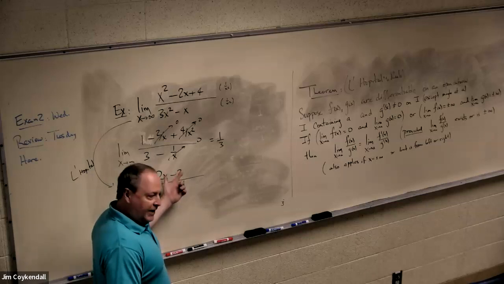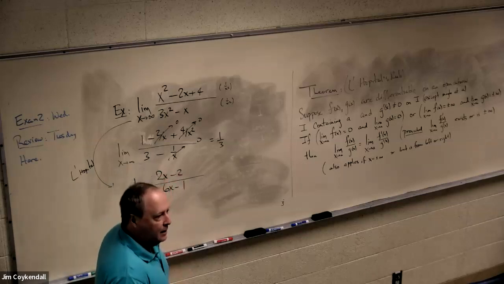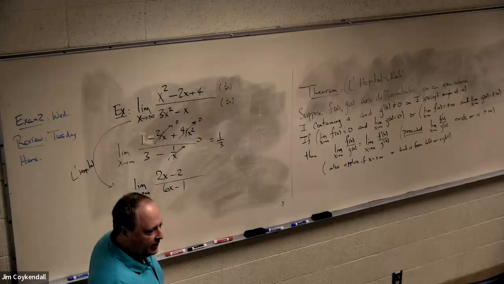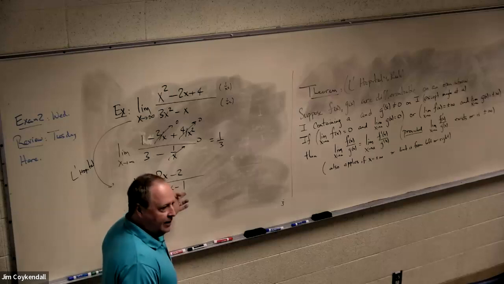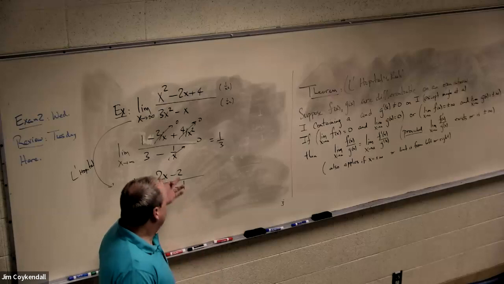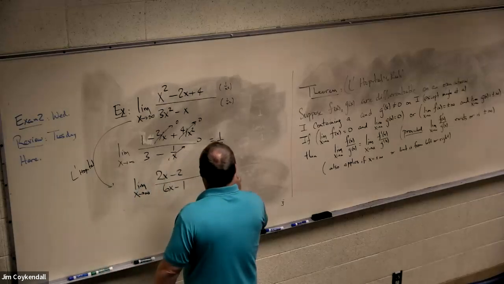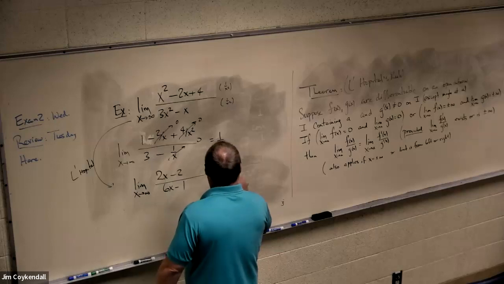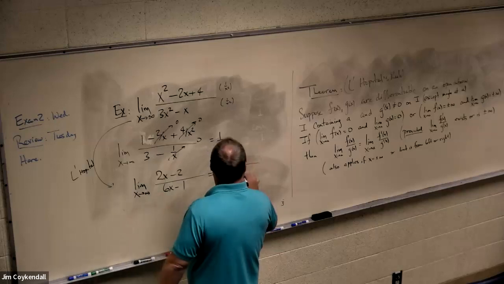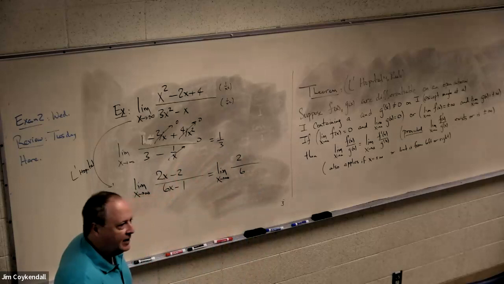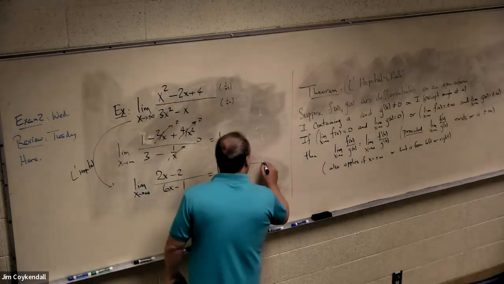I get infinity over infinity again. Right? So it looks like I'm not done, because I still got infinity over infinity. That's okay. L'Hopital's rule, just do it again. The derivative of this is 2. And that limit exists. Get 1 point.